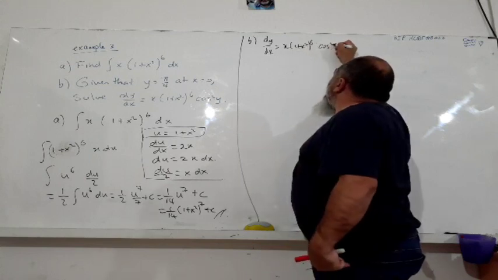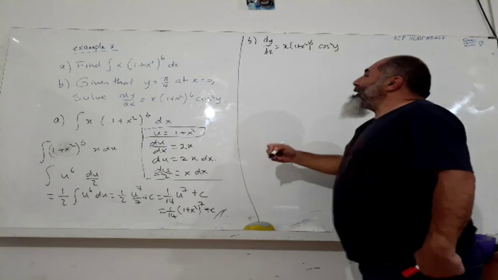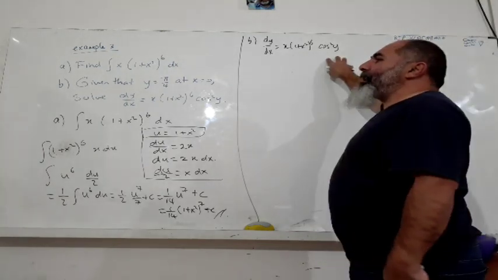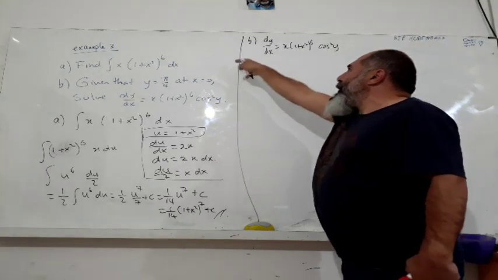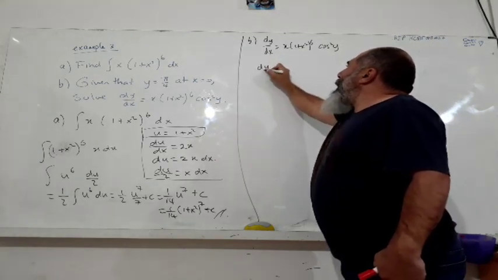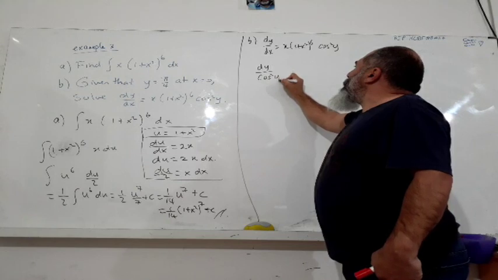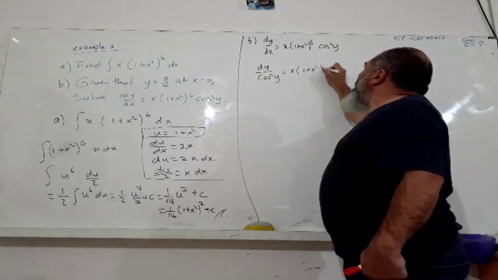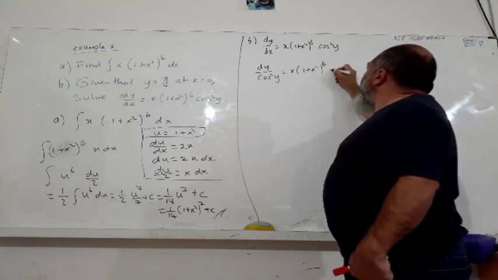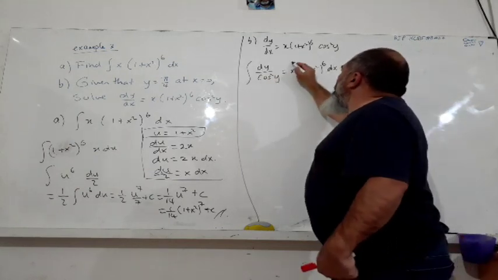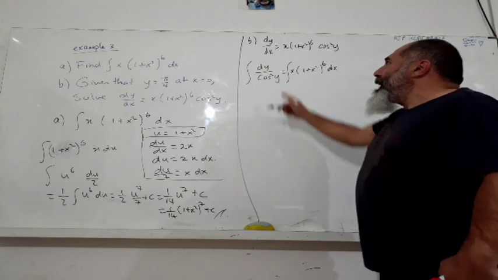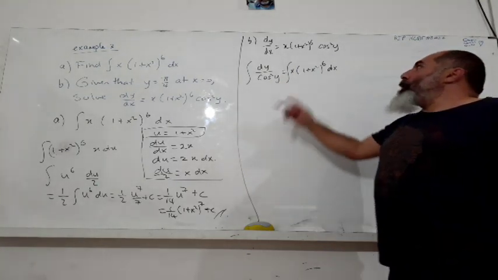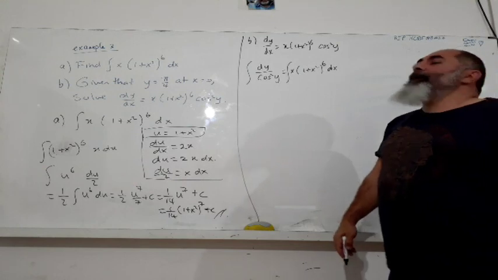Put the x's on the right hand side and the y's on the left hand side. dy over cosine squared y is equal to x times (1 plus x squared) to the power of 6 dx. Put the integration signs. What is 1 over cosine squared y? It is sec squared y, so actually this is sec squared y dy.